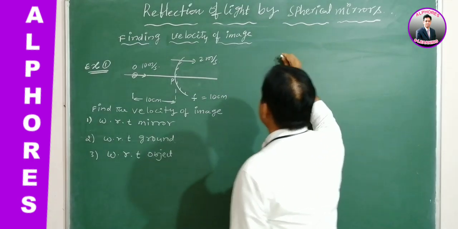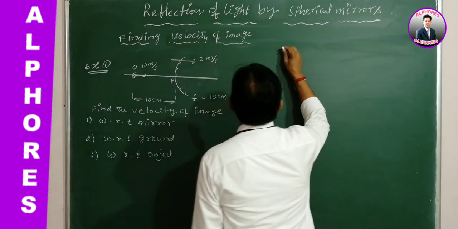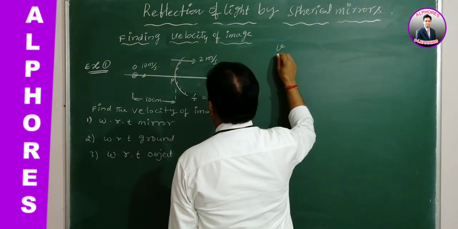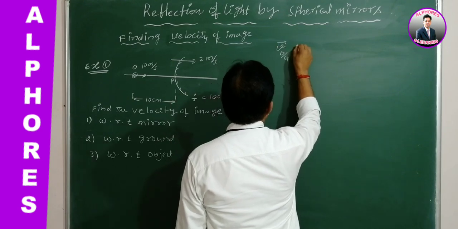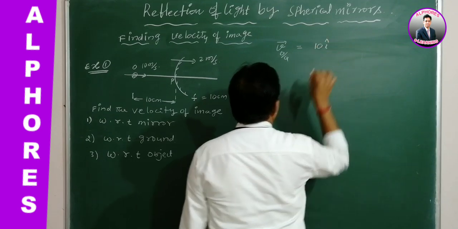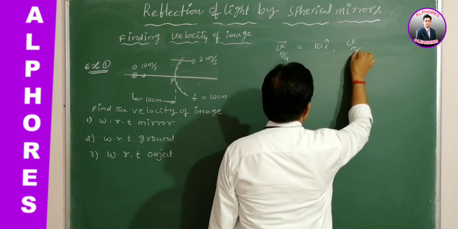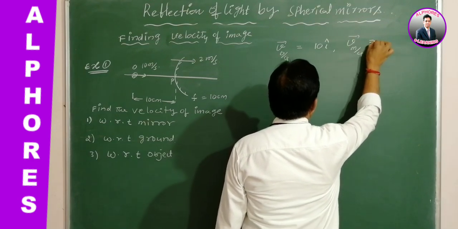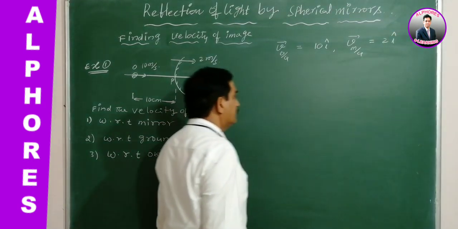First of all, note down the data which is given in the problem. Velocity of object with respect to ground is 10i. And velocity of mirror with respect to ground is 2i.